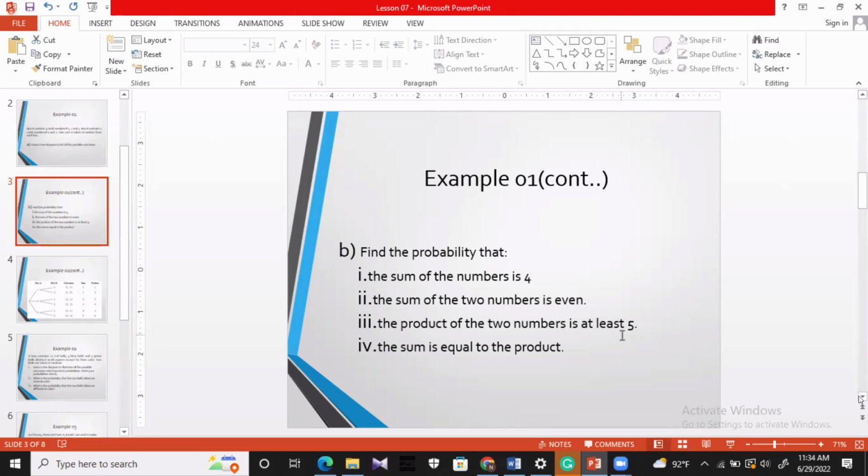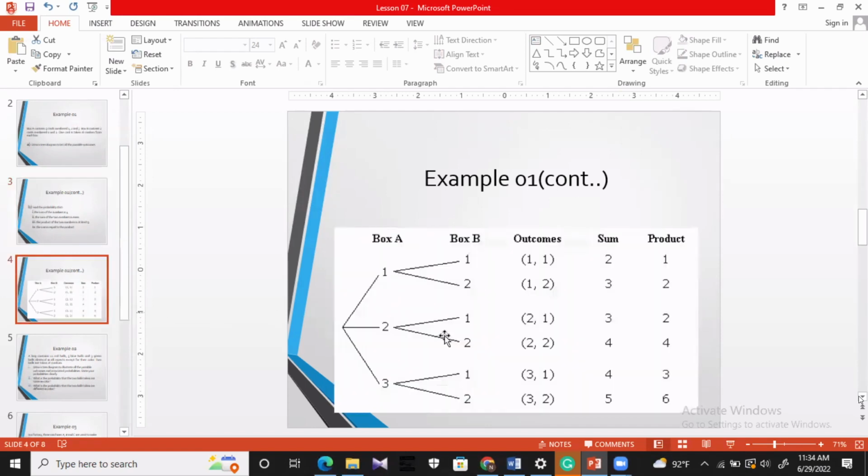At least 5 means what? The minimum number that you can get must be 5. The minimum number must be 5. Understand? The minimum number is 5.